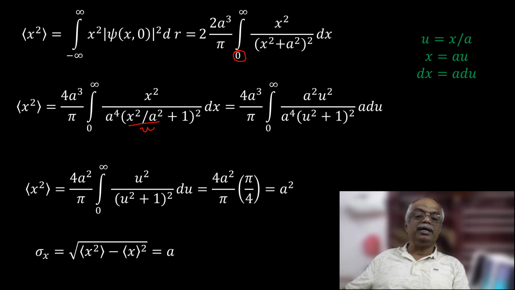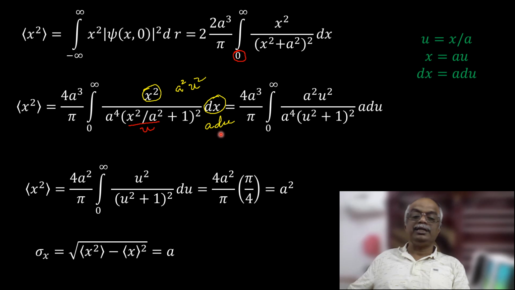Already you have substituted x squared over a squared by u squared, and this x squared you have to substitute. Since x is equal to au, naturally x squared is equal to a squared u squared. And what is dx? dx is a du. So I have replaced dx as a du.